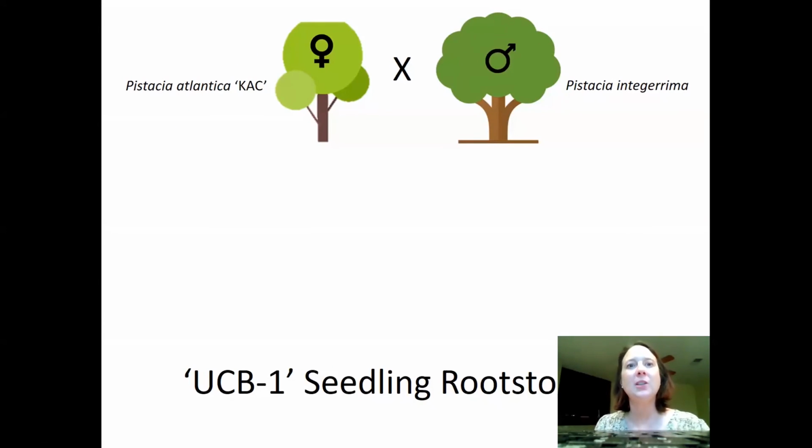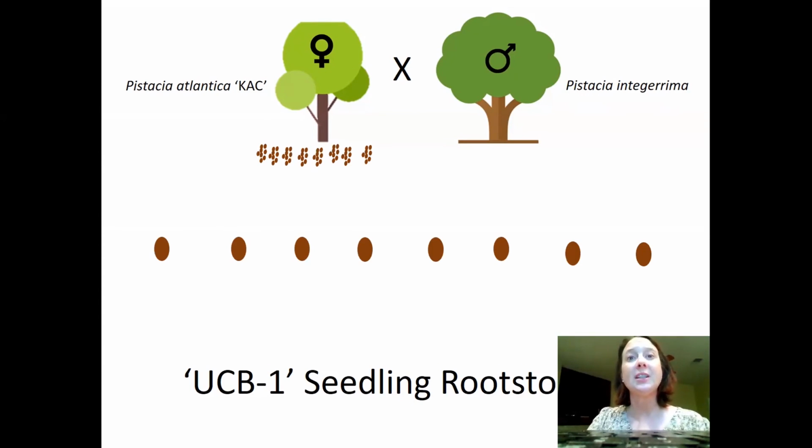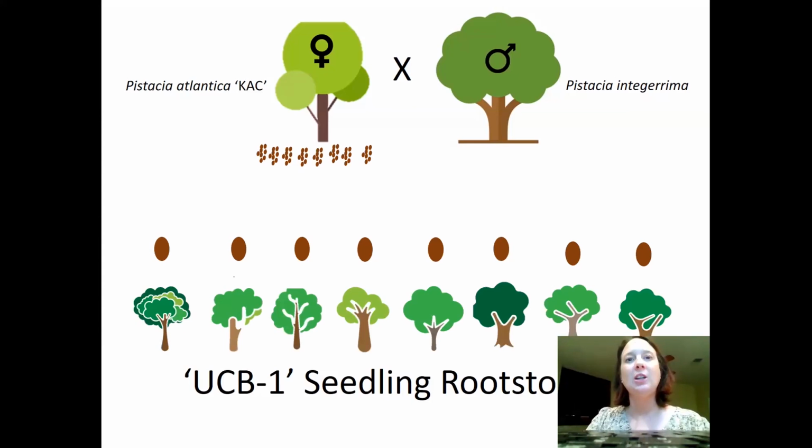To generate UCB1 seedling rootstock, you cross a Pistachia atlantica female plant with a Pistachia integerrima male. The seeds are then produced on the female tree, and when those seeds are harvested and planted out, we end up with a UCB1 population. These are all UCB1 seedlings, but my icons demonstrate that there is slight variability between individual seedlings.